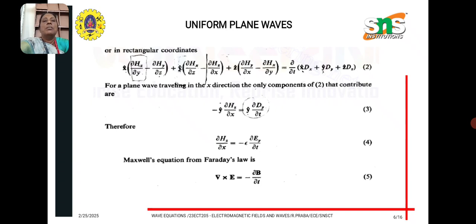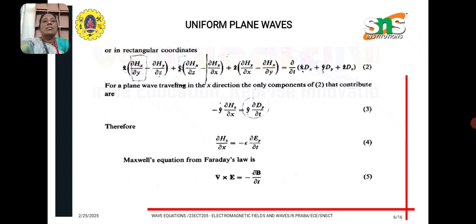And for a plane wave traveling in the x direction, the only component of the equation above that survives is minus y vector into ∂Hz/∂x is equal to y vector into ∂Dy/∂t.